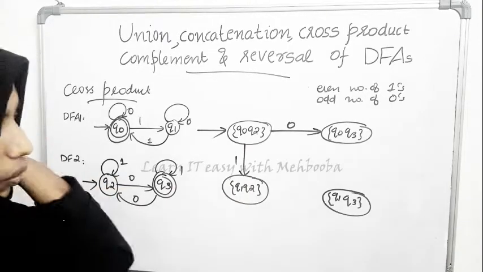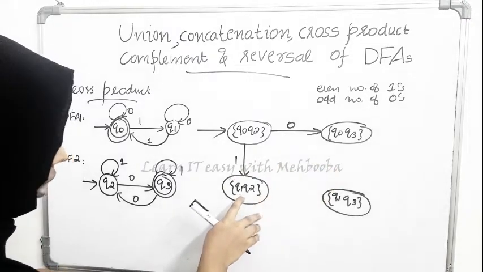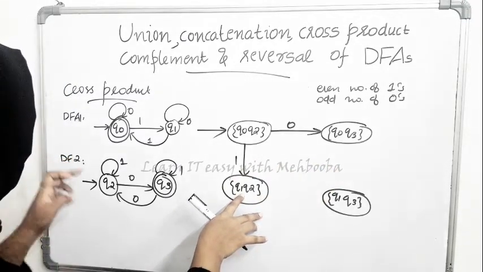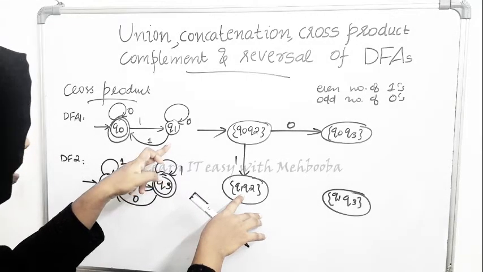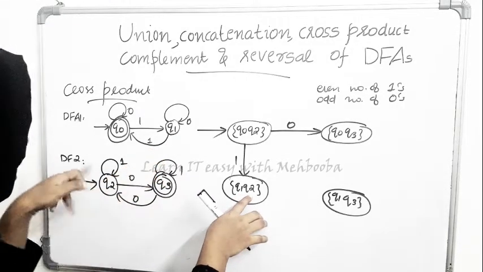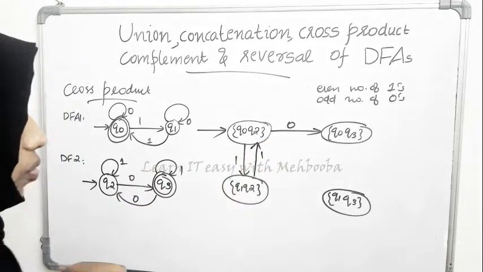Now from the state Q1, Q2, from Q1 there is a transition on 1 to Q0, and from Q2 there is a transition on 1 to itself. So you can mark this as 1.